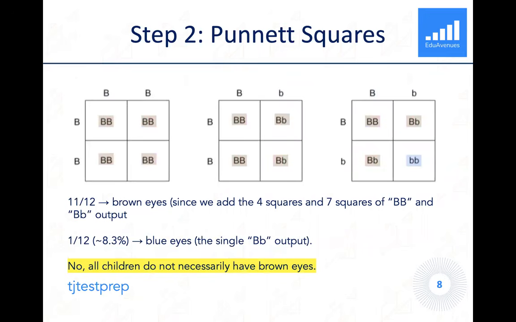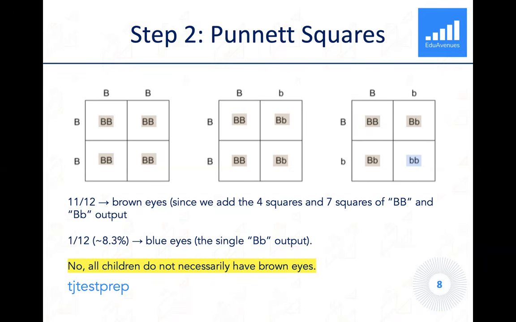So, using the Punnett squares that we built from the previous slide, we can now determine the probability of children having brown eyes versus blue eyes. So we can add up the 4 squares of homozygous dominant genotypes and 7 squares of the heterozygous genotype to get a probability of 11 out of 12 for brown eyes.